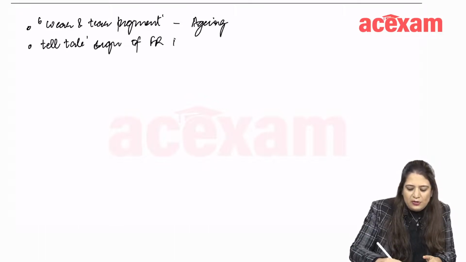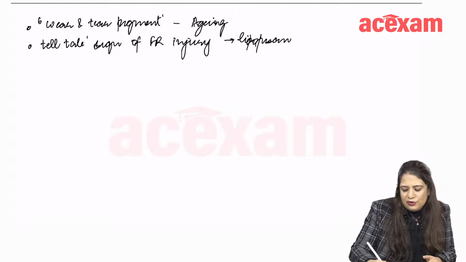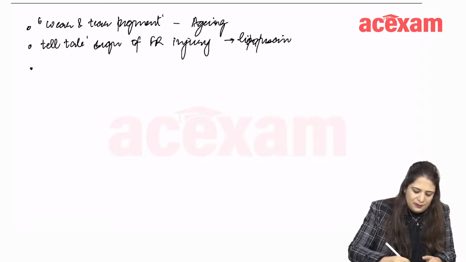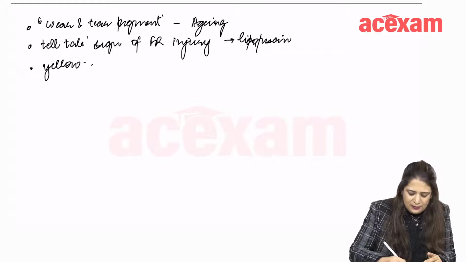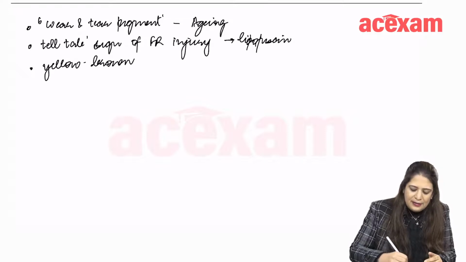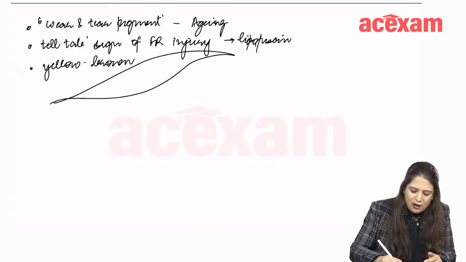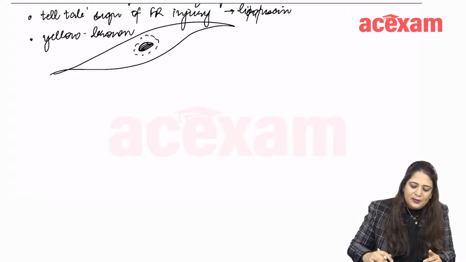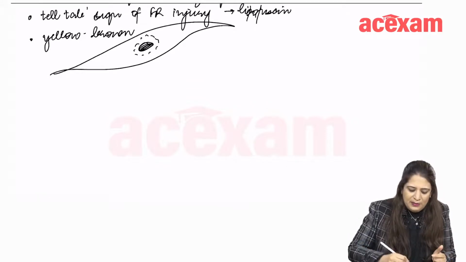So this is also a question, which is telltale sign of free radical injury? Answer is lipofuscin. So this lipofuscin is an endogenous pigment, and it is yellow brown in color, and it tends to deposit around the nucleus. It is perinuclear in location, and it's a physiological pigment.